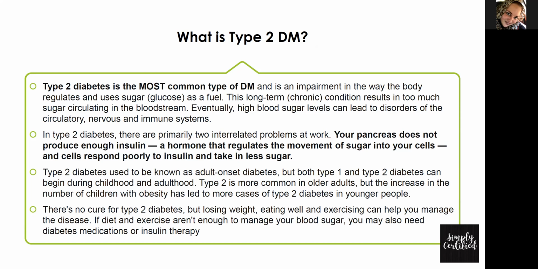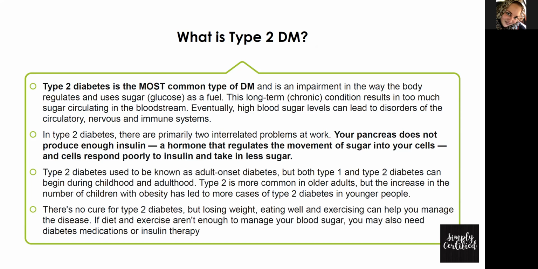Okay. In type 2 diabetes, there are 2 problems kind of working together. Not only is your pancreas not producing enough insulin anymore, but your cells are now responding poorly to it and they can't take in as much sugar. So since they can't take in as much sugar, it's running around in your bloodstream, trying to get in anywhere it can.